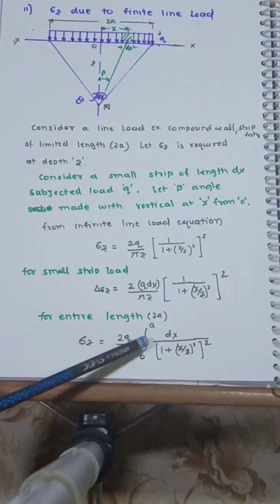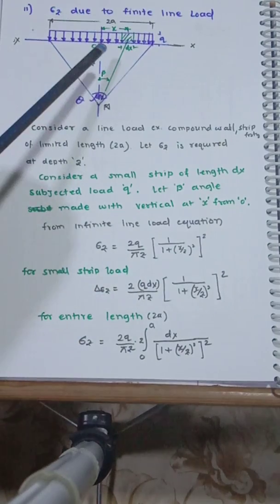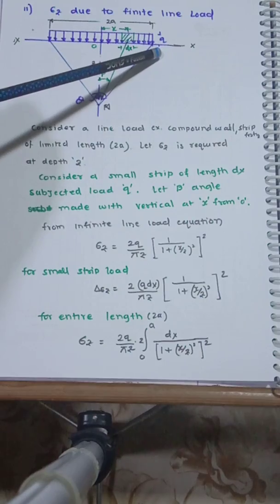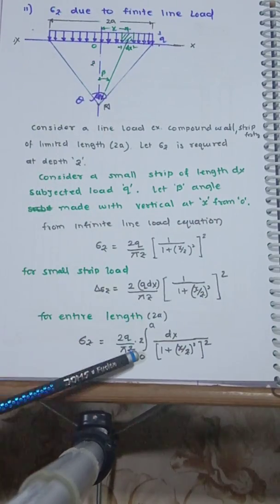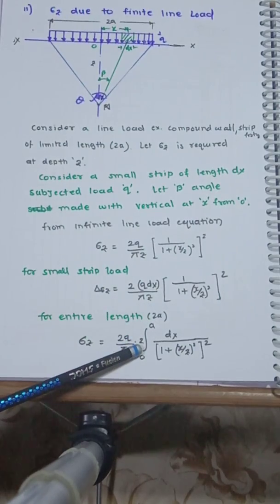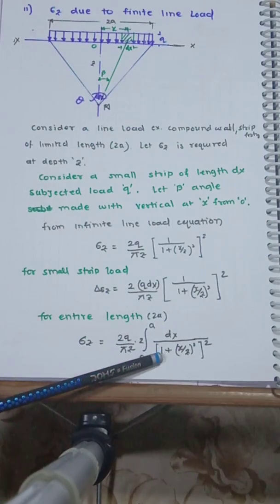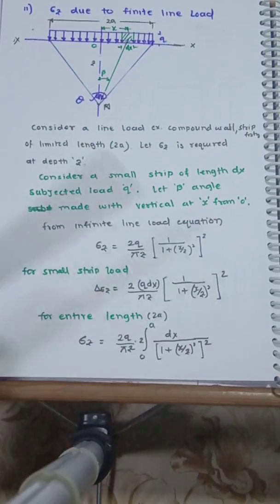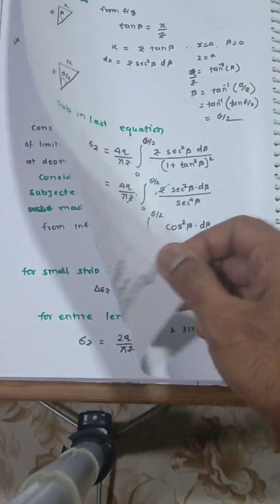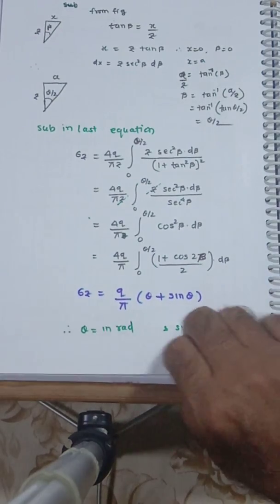And then again we solve for this, take out all the constants, 2q by pi z. Now again I can take it from 0 to a, multiplied by twice, so the integration I take as, just like earlier, 0 to a, 2 times, dx upon 1 plus x by z square and whole square.